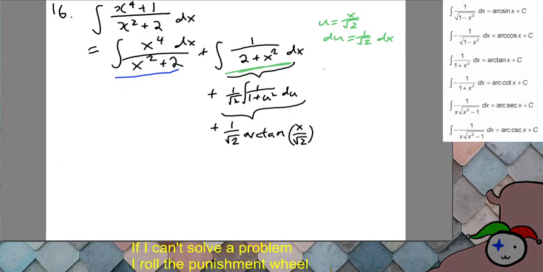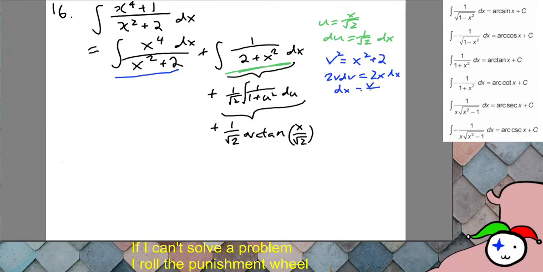So I guess we can just say, let's call it v equals, well, v square equals x square plus 2. So 2v dv equals 2x dx. dx is therefore v over x dv.